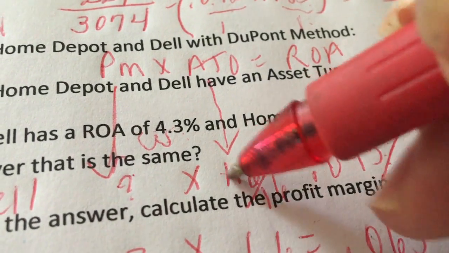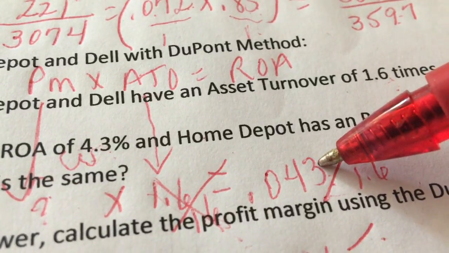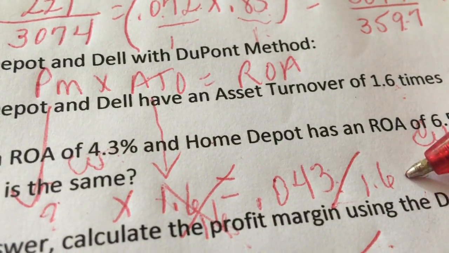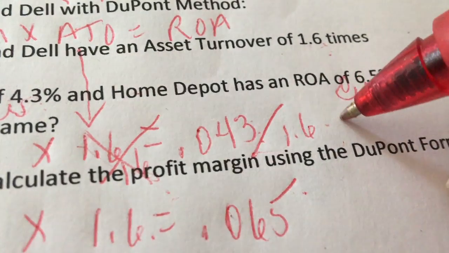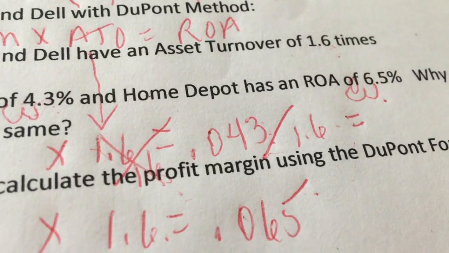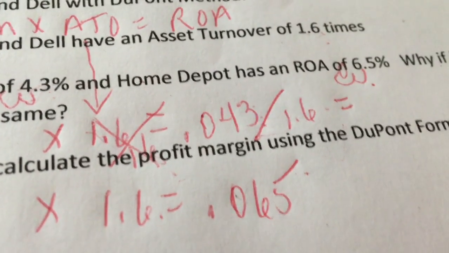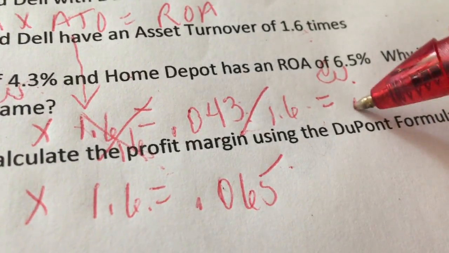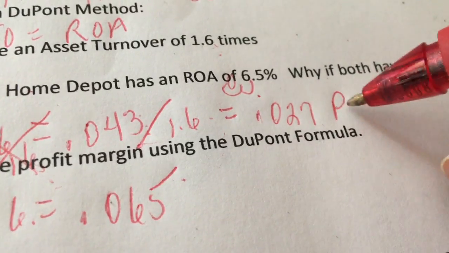The 1.6 washes out so that you have 0.043 divided by 1.6. If you put that in your calculator, you're going to get 0.027, I believe is the number. 0.027. Okay, that's your profit margin.